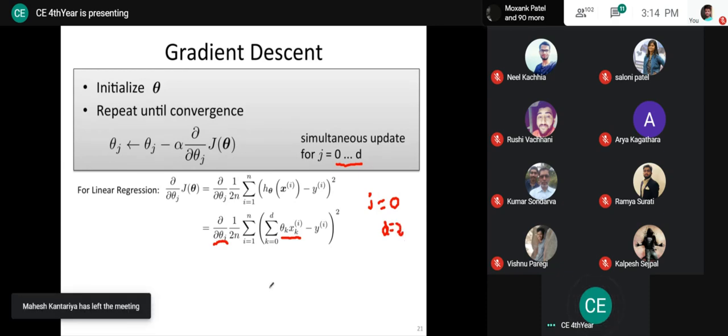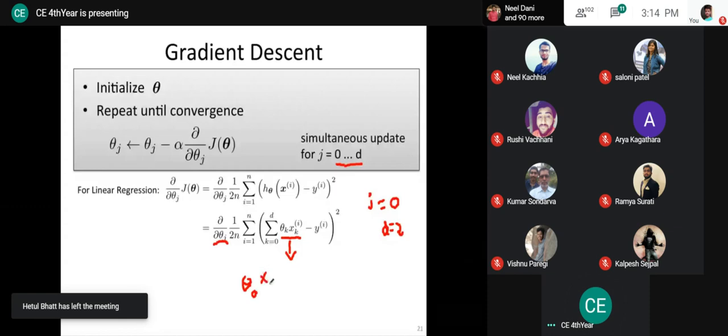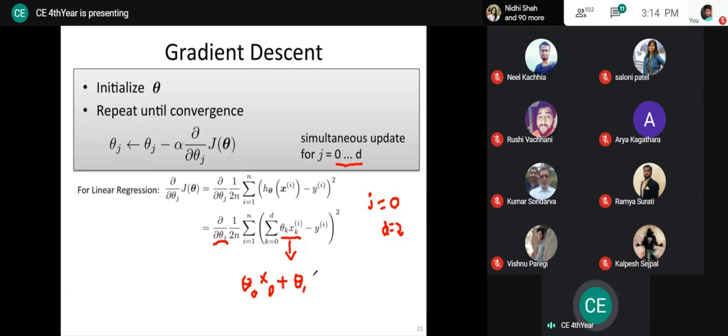Fine. So if I extend this equation, then what happens? It would be theta 0 x0 plus theta 1 x1 plus theta 2 x2.